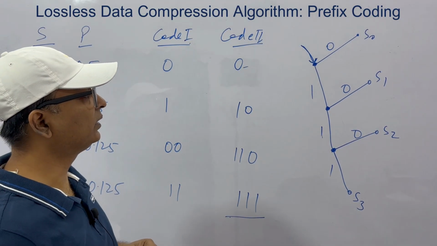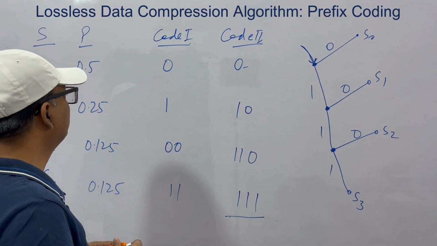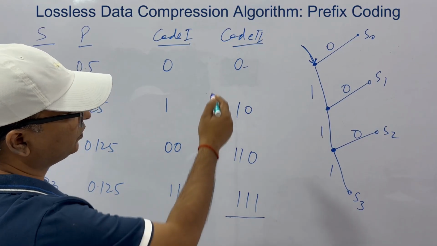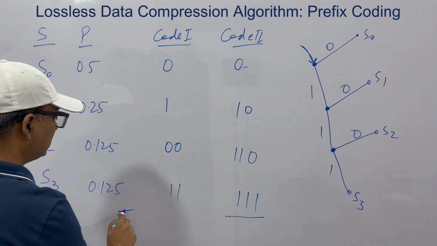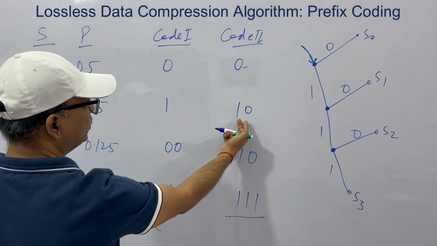What is Kraft inequality? See, you know what the code word length is. You have learned about it. Now let's say, what is the average code word length for this? You know it is the summation of pk into lk. This is 1, this is 2, this is 3.